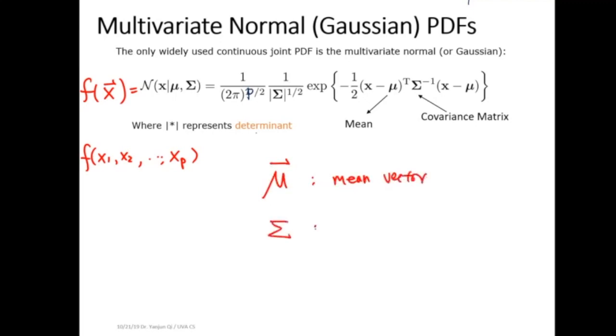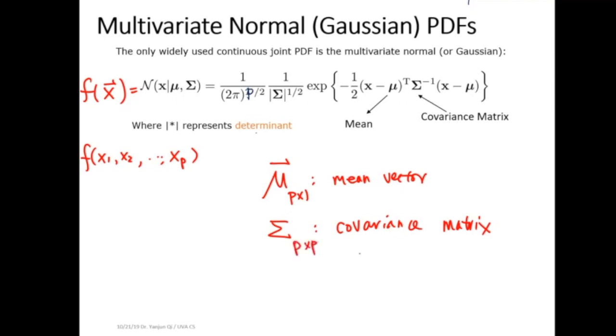The capital sigma is our covariance matrix. And the mean vector has the size p times 1, which is the same size as your feature dimensions. And the sigma matrix is a p times p matrix.